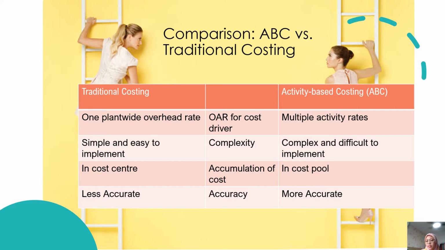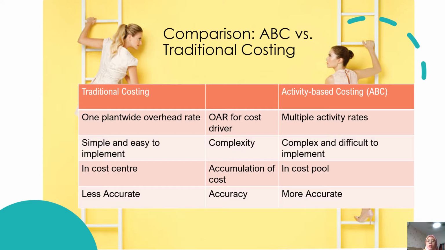So let's look at the differences between ABC costing and traditional costing. What is the difference between the method that we used to calculate our overhead costs previously and activity-based costing in this chapter? First difference: traditional costing usually uses one plant-wide overhead rate.